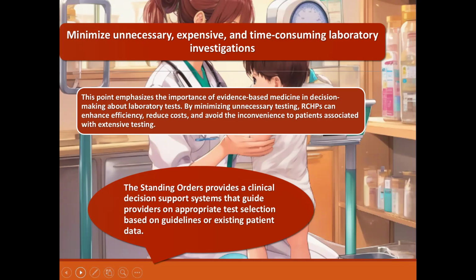So therefore, go for sputum microscopy, go for chest x-ray, because it is based on evidence. Otherwise, you don't know; you could be thinking it could be a worm, it could be this, it could be that, it could be cancer. But because you're using the standing orders, it gives you a structured approach, which now minimizes unnecessary laboratory investigation.